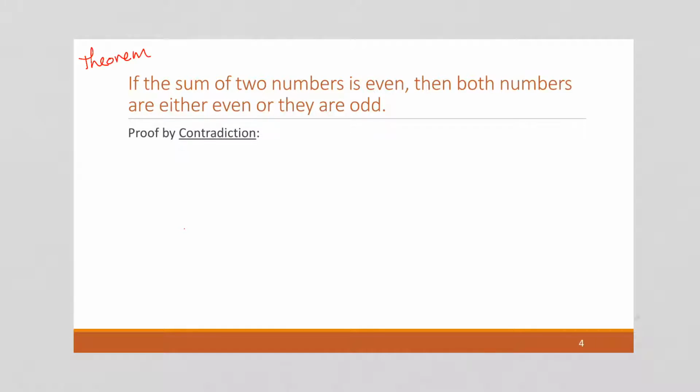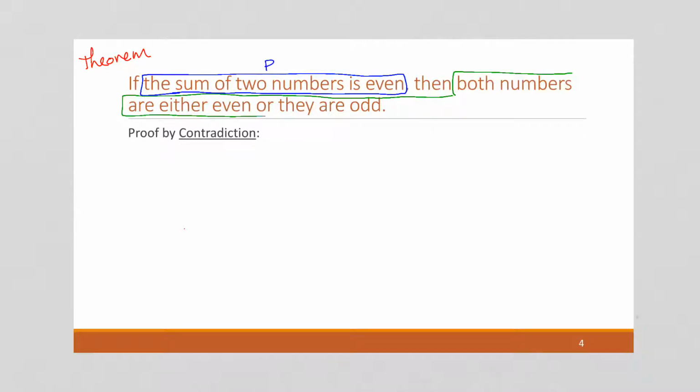We're saying if the sum of two numbers is even, let's call that P, then both numbers are even or they are odd. We'll call that Q. Now this is a tricky problem because there's a couple ways of doing it.